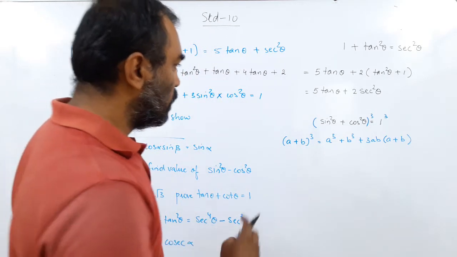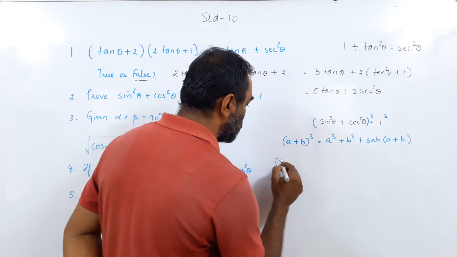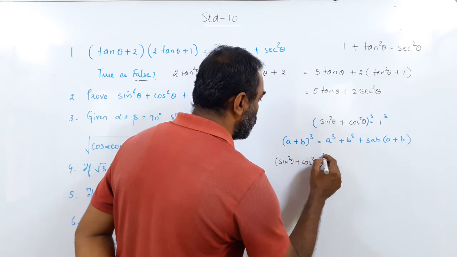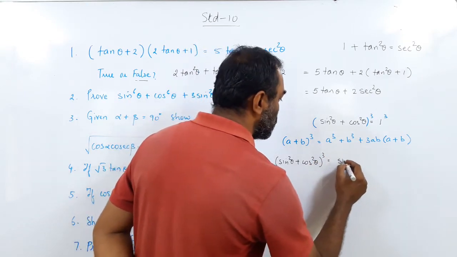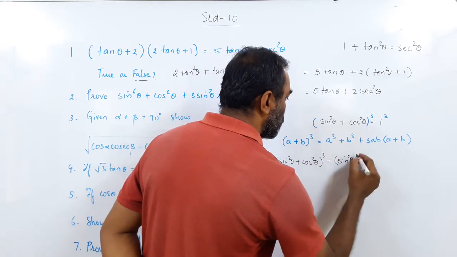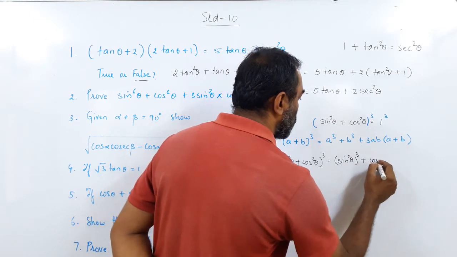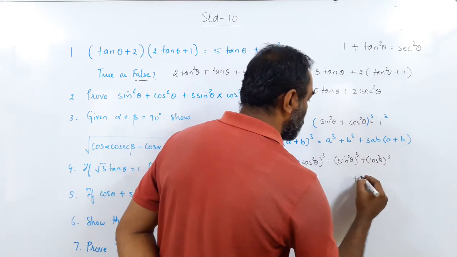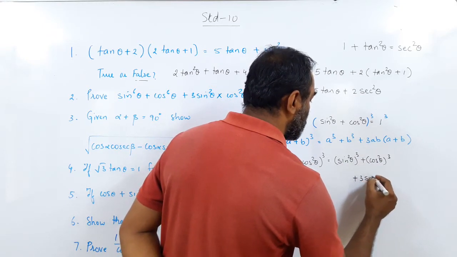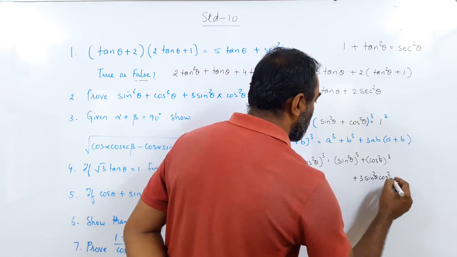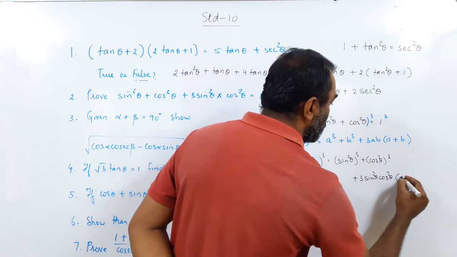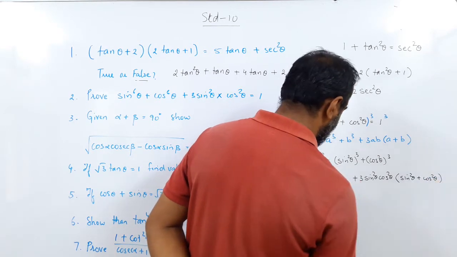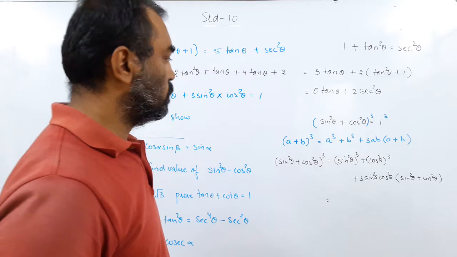So let me write now. Sin square theta plus cos square theta, the whole cube, gives me sin square theta, the whole cube, plus cos square theta, the whole cube, plus 3ab means 3 sin square theta into cos square theta into bracket a plus b, so sin square theta plus cos square theta. So what do I get here?